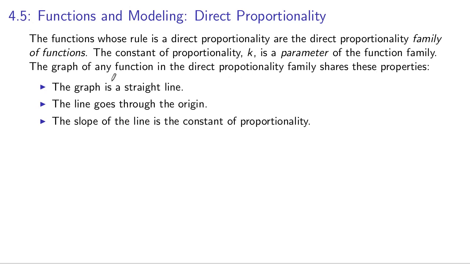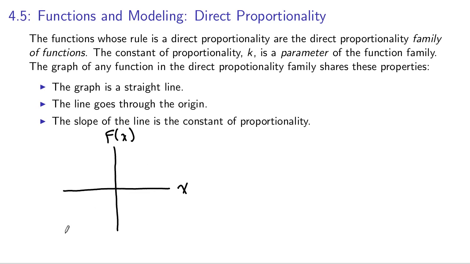So the graph of any function that is in the family of direct proportionalities shares all these properties. The graph is a straight line. So if we graph a direct proportionality, it will be a straight line. The line goes through the origin, so it'll go through 0, 0.